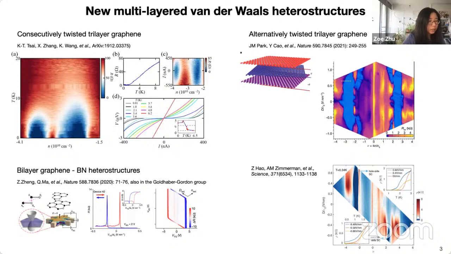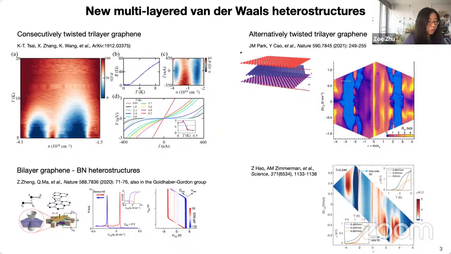And finally, there is the bilayer graphene and BN heterostructure. So the system shown in the picture is AB bilayer graphene encapsulated by top and bottom boron nitride. And this experiment in Pablo Herrero's group observed ferroelectricity and hysteretic behaviors in the system.